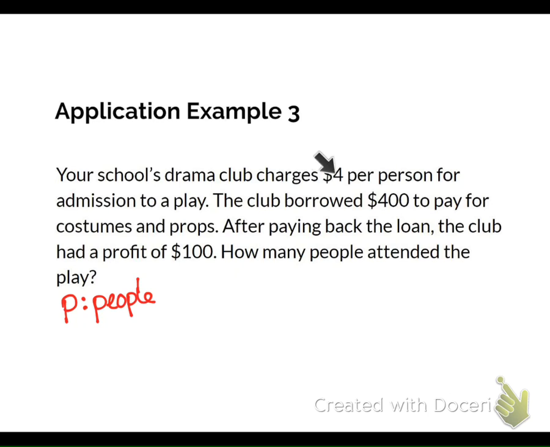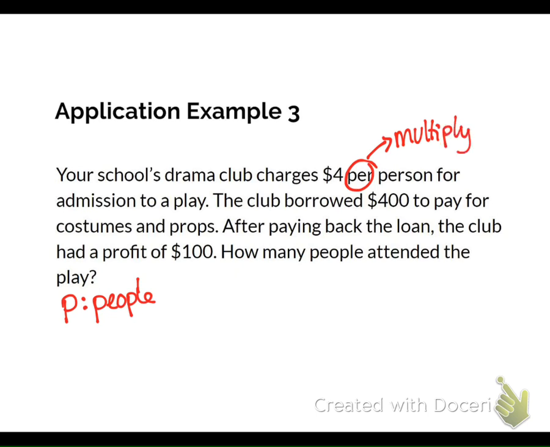If I made $4 per person, the word per should be making us think of what operation? Per should make us think multiply.